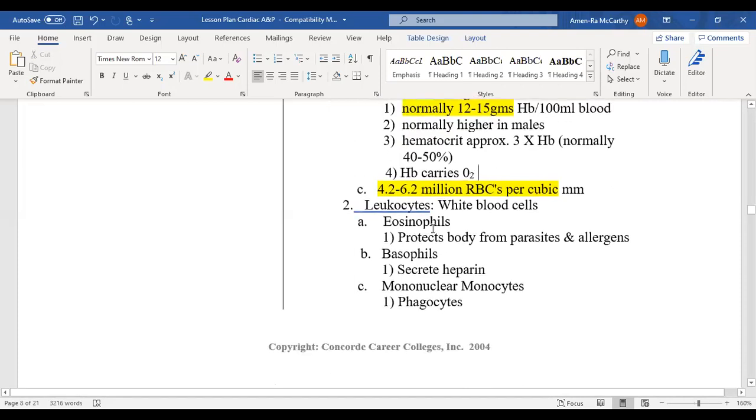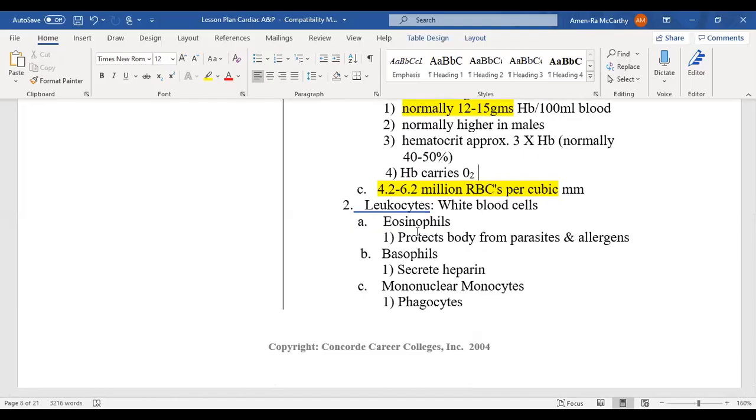Then we have white blood cells. Normally 5 to 10,000 of the white blood cells, okay? Now, the white blood cells are broken down into subcategories. Eosinophils, they fight, because the leukocytes are the soldiers of the blood. They fight infection or foreign bodies, right?